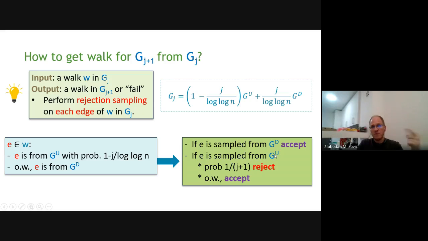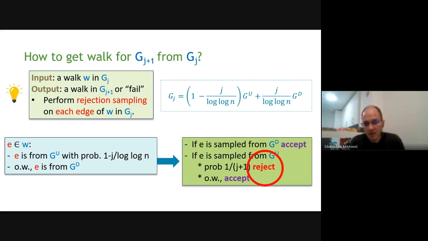But if it's sampled from the undirected version, you reject with some probability, otherwise you accept. And that's it. It's easy to verify that, assuming the walk W succeeds, conditioned on that, the resulting walk will follow the distribution of G_{j+1}.